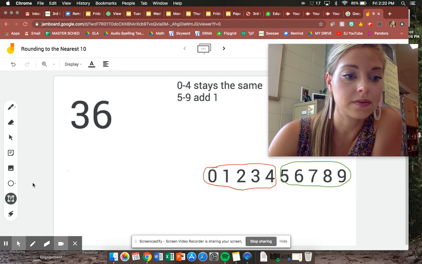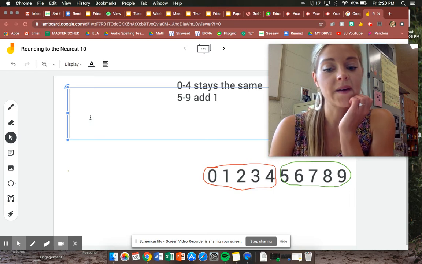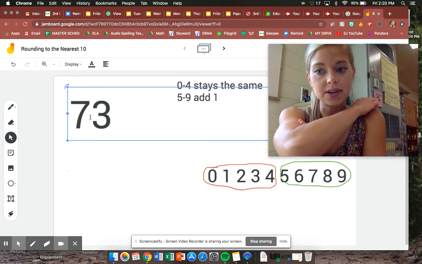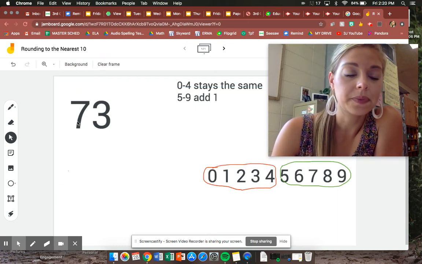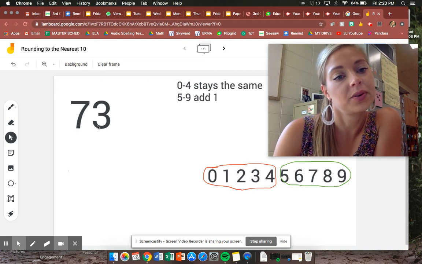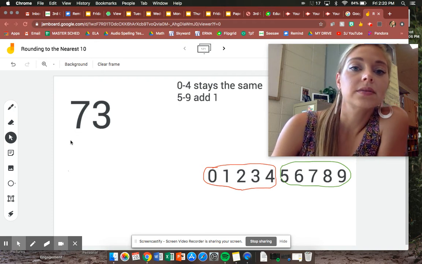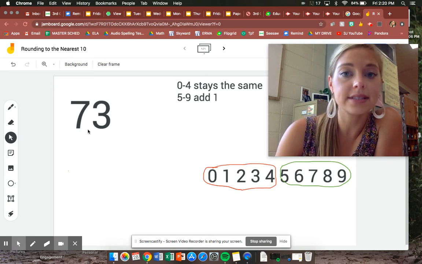All right. So let's do the number 73. We want to round 73 to the nearest 10. Okay, so rounding 73 to the nearest 10, we're going to do it the same way that we did the last number. So we're going to sing the song. Find the place value, circle that digit.